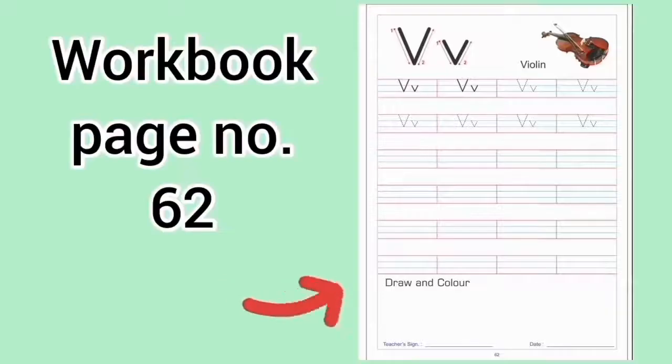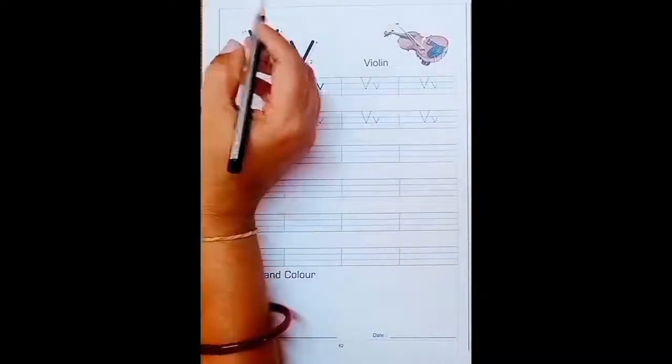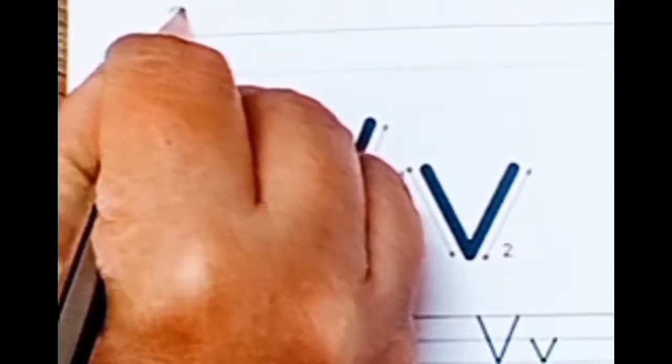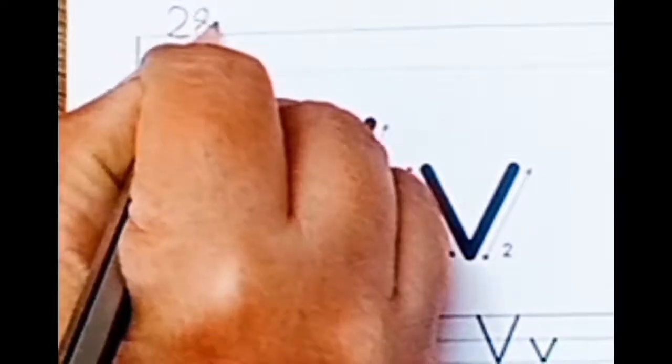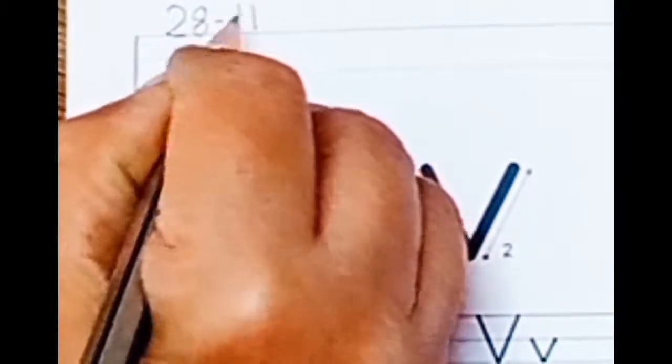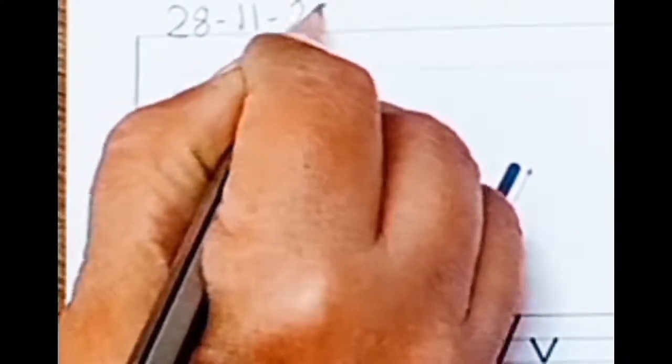Okay, children. Now we will write alphabet V in our workbook, page number 62. First, we have to write today's date, 2/8/11/2020.